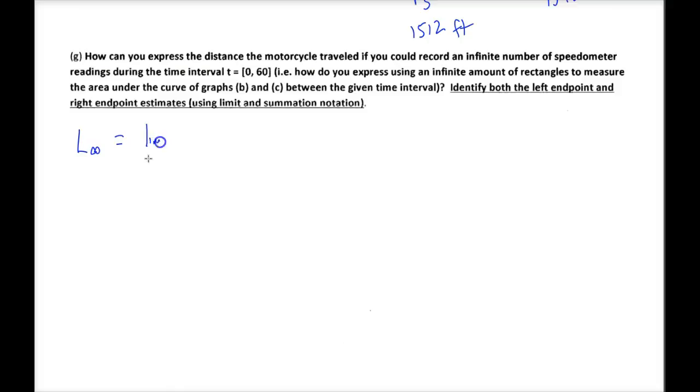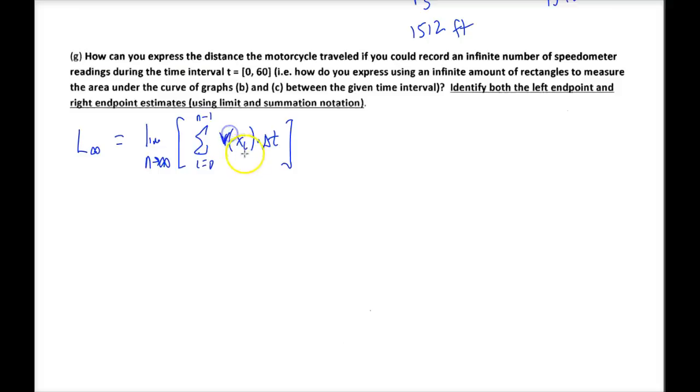where we want to have the limit as n approaches infinity of the summation of i goes from 0 to n minus 1 of f of x sub i delta x. Or in this case, since we have things in terms of velocity and time, we'll stick with the way that we're naming everything.